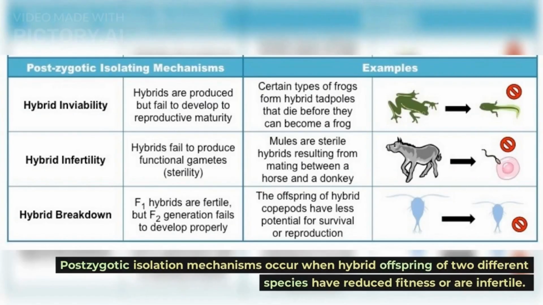On the other hand, post-zygotic isolation mechanisms occur when hybrid offspring of two different species have reduced fitness or are infertile. Examples include reduced hybrid viability, meaning the hybrid creatures that are produced do not survive to reproductive age.